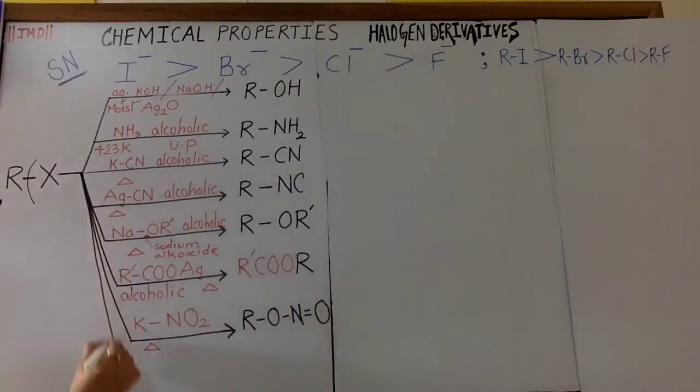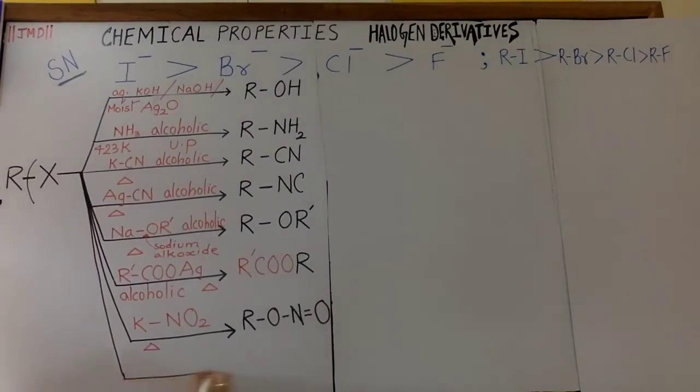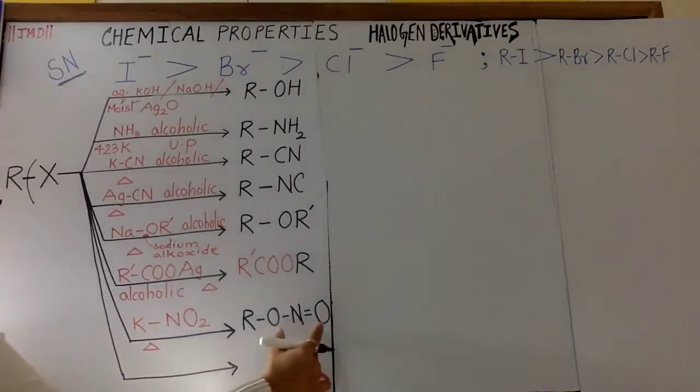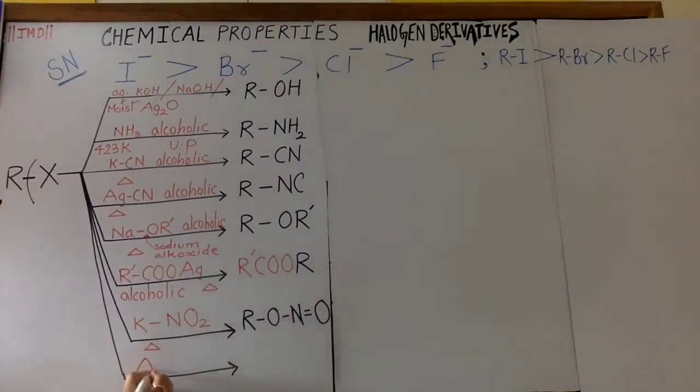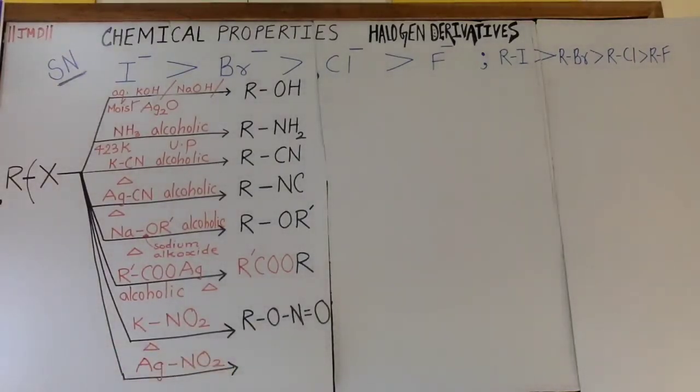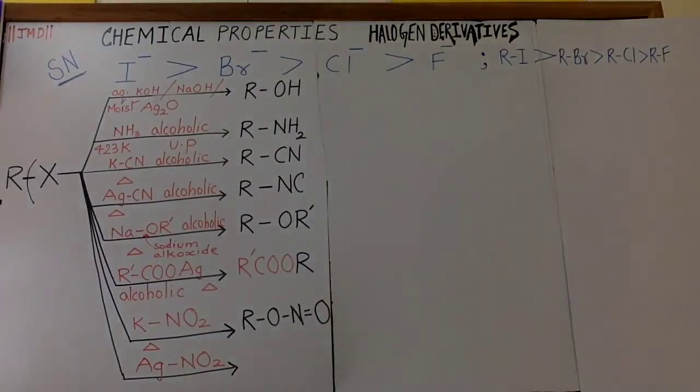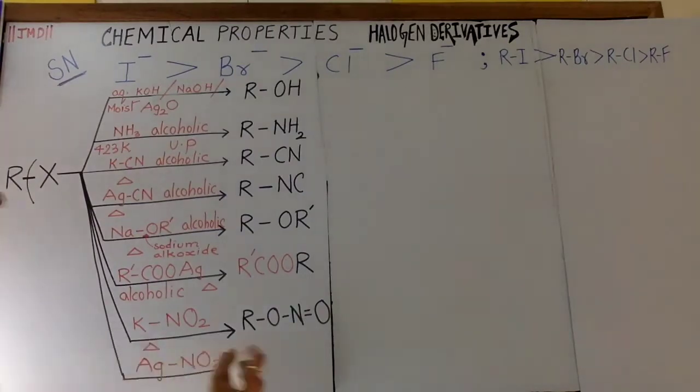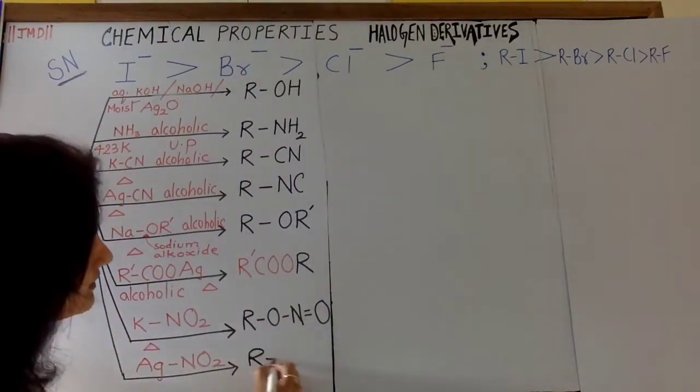That is, the halide group is replaced by nitrite group. Similarly, we can treat alkyl halide with AgNO2, where the halide group is replaced by the nitro group.